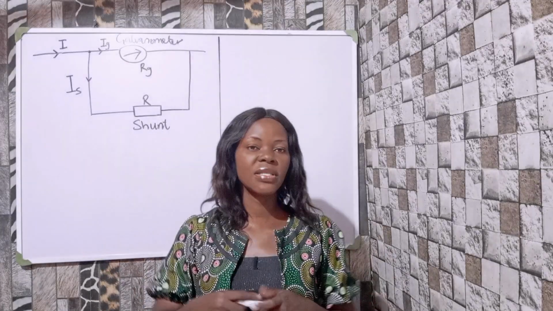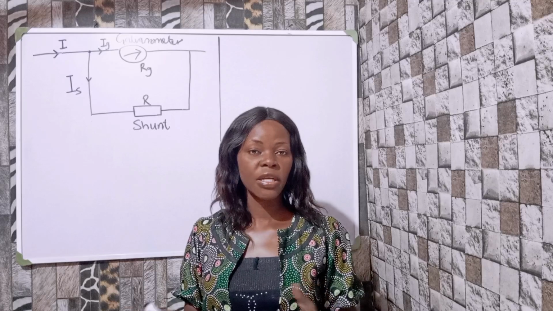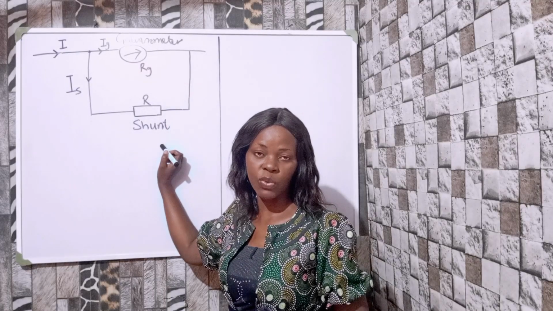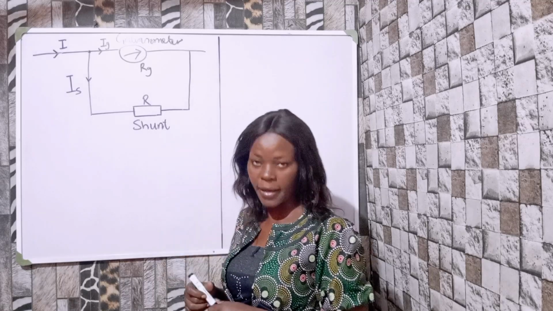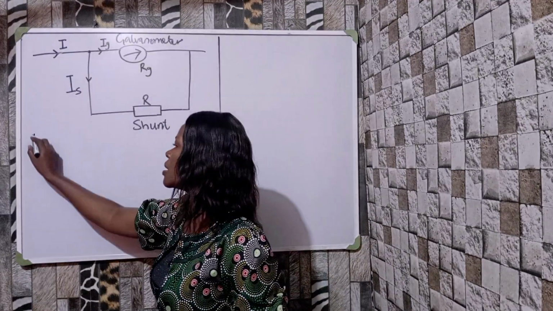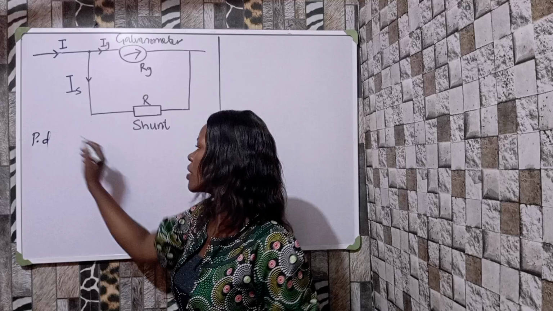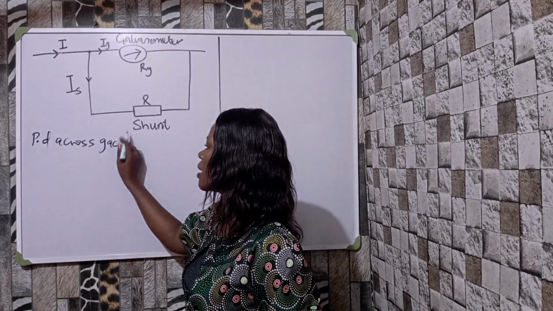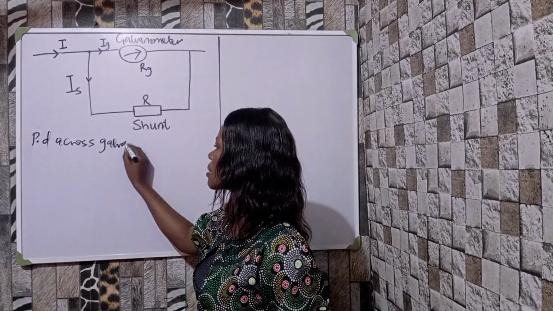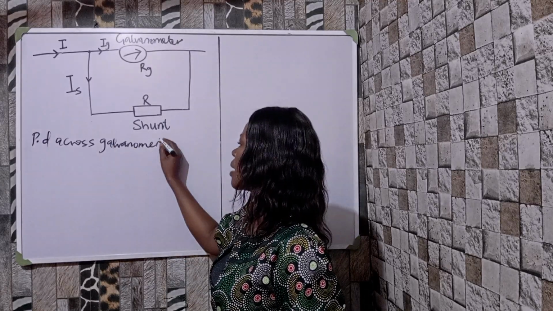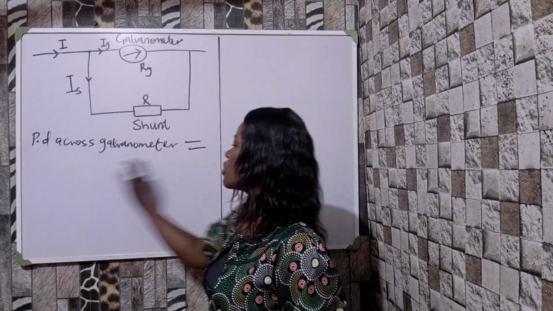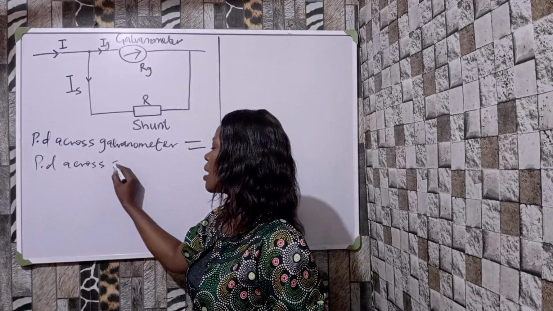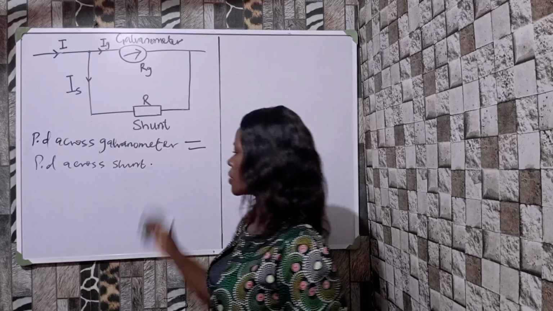The first thing we are going to do is to look at the PD. When two resistors are connected in parallel, it means that the PD across galvanometer is equal to the PD across what? The shunt. Is that okay? So we have PD, that is potential difference across galvanometer is equals to PD across shunt.